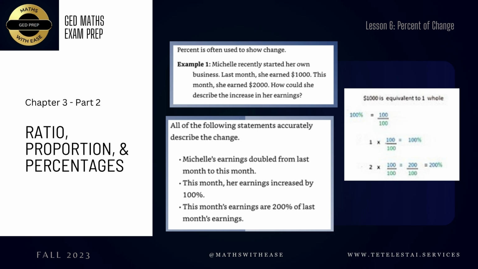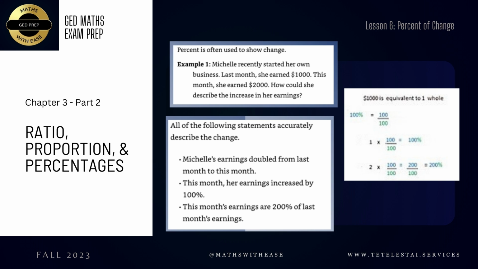In this particular example, we're told that Michelle recently started her own business. Last month, she earned $1,000, and this month she earned $2,000. How should she describe the change in her earnings? Well, all the following statements accurately describe the change in Michelle's income.